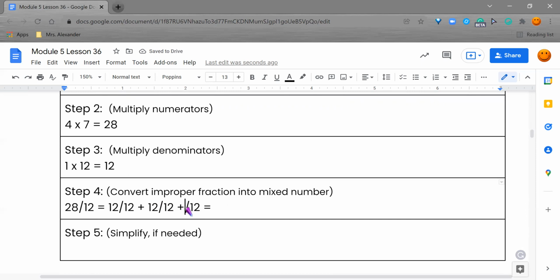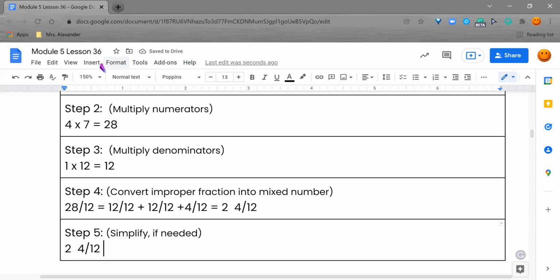I'm going to capture that 24 and count to 28: 24, 25, 26, 27, 28. And that leaves 4 left over. So here I have 2 wholes and 4 twelfths. Knowing that these are both even numbers, I know I need to simplify to get it to simplest form. So I'm going to go 2 and 4 twelfths.